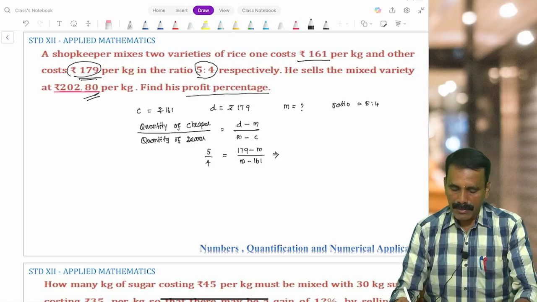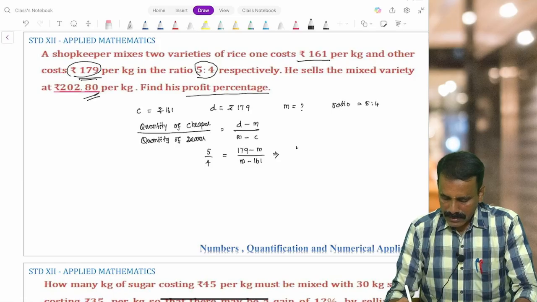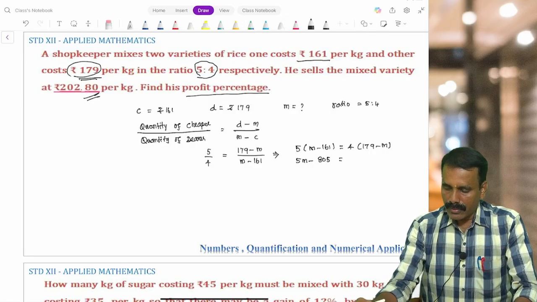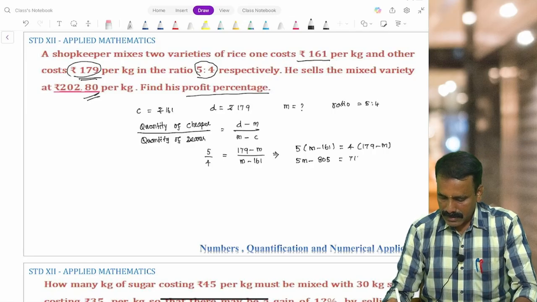So now we cross multiply. So it is 5 into m minus 161 will be equal to 4 into 179 minus m. So it is 5m minus 805 is equal to 4 into 179, it is 716 minus 4m.